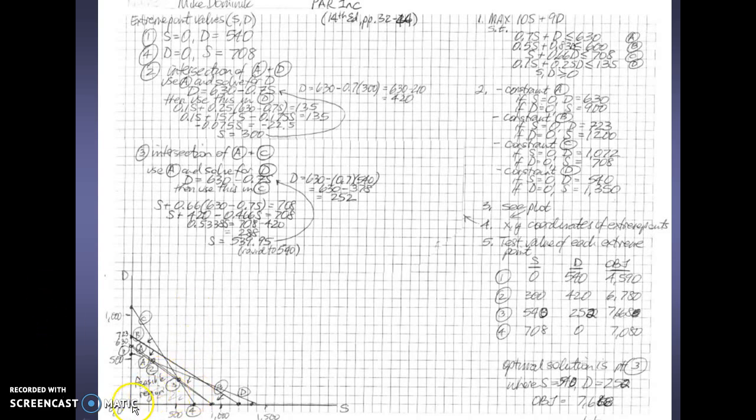I'm not going to count the origin as an extreme point in this case, because the origin at a value of S and D both equal to 0 is not going to pan out for a max value. That would simply be 0. So I've labeled these points 1, 2, 3, and 4. And similarly, I've set up a table over here for those points and what the values of S and D are at each of those.